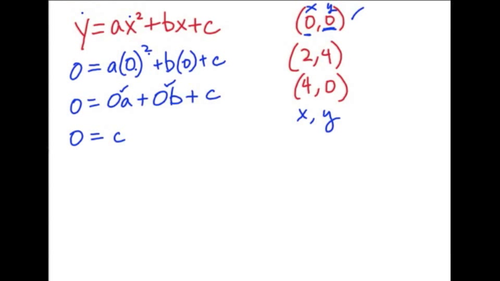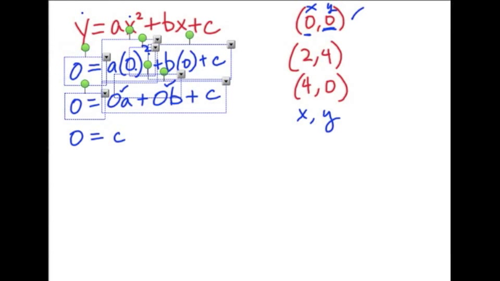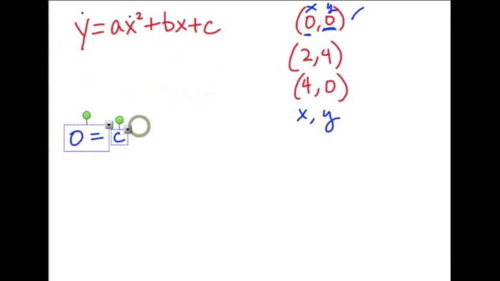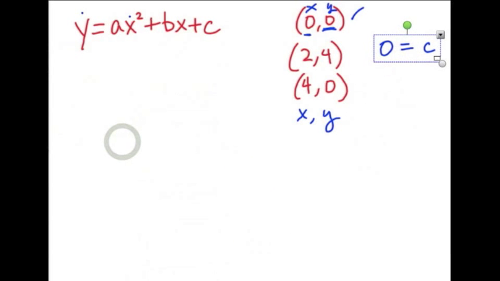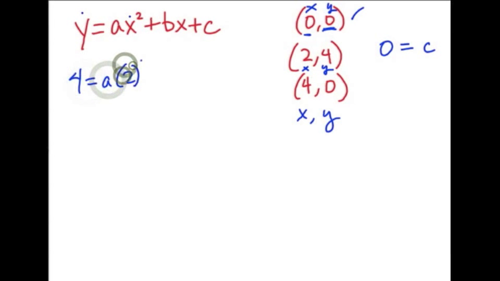So I'm going to do the same thing with my other two points. So there's x, there's y. 4 equals a times 2 squared plus b times 2 plus c, which we know is 0.